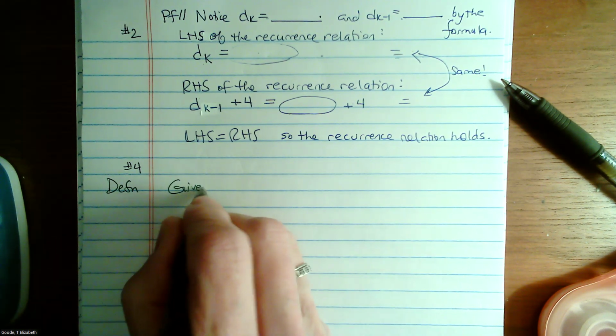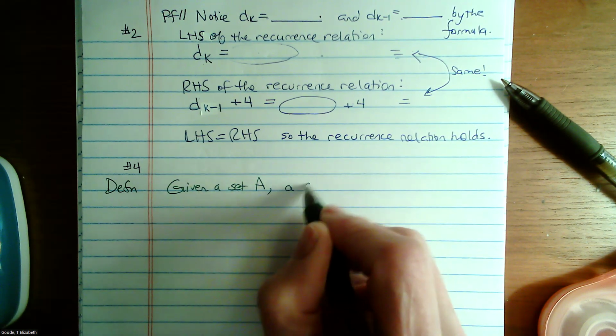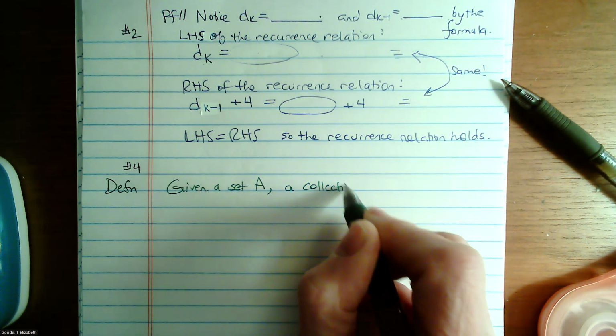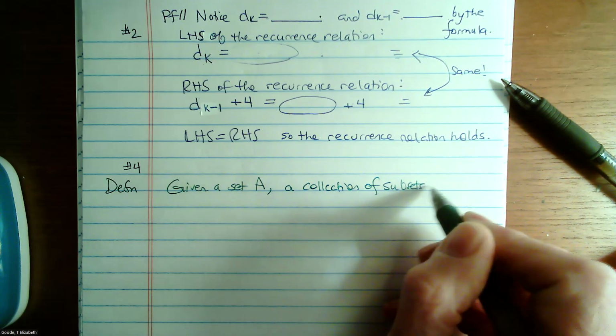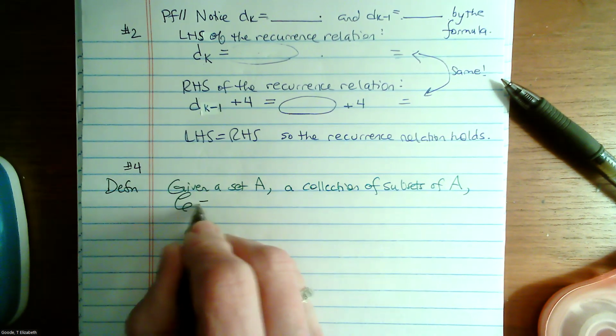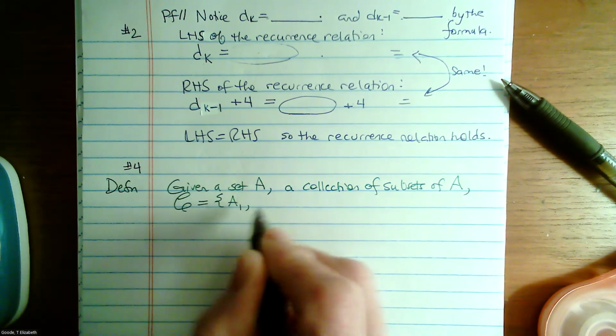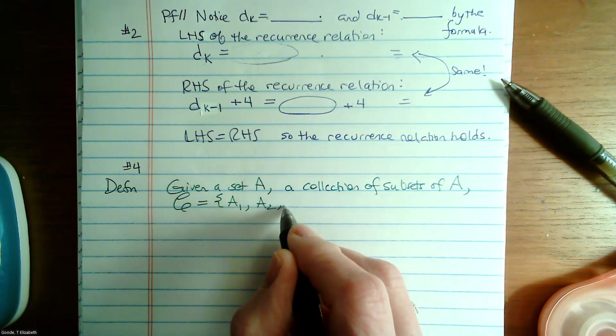Given a set A, a collection of subsets of A. So the collection could be A1, A2, I think all of these had three, right? So it just ended at A3.